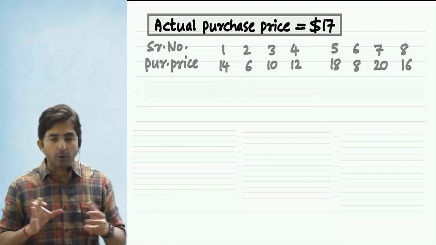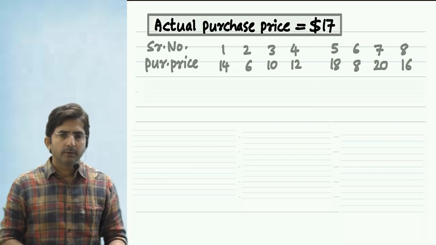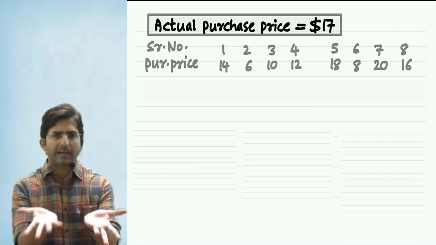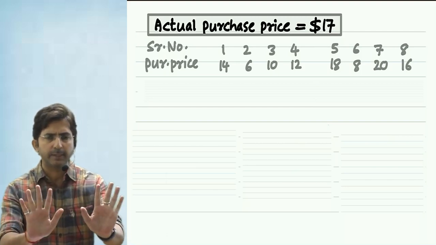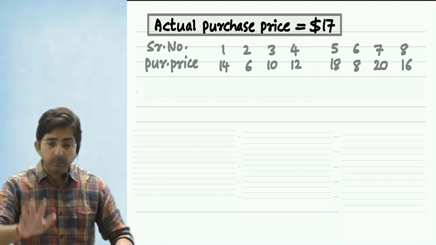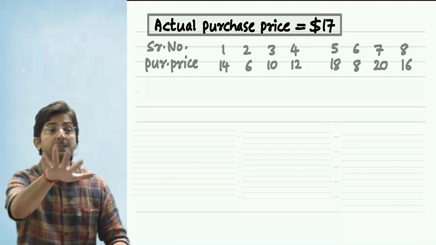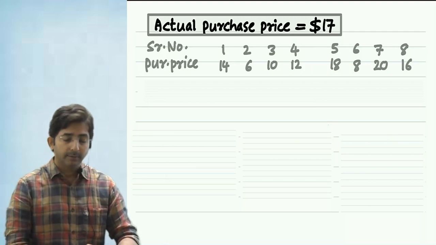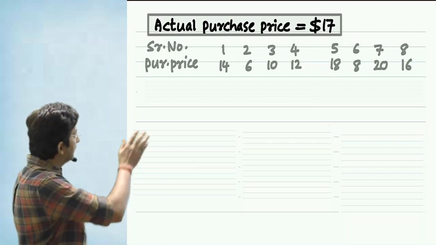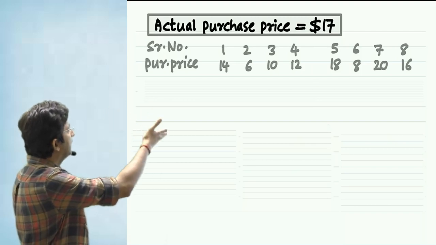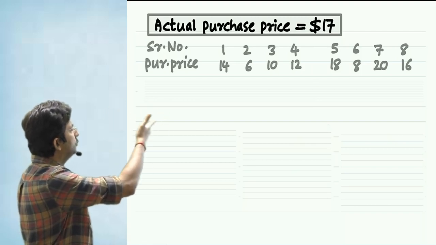So now tell me what to do. Obviously you will say we will have to calculate the median, which I haven't explained yet. I will explain the median, but whether it is mean or median, first you have to make adjustments. Don't forget that. Even in this 14, look at the screen, 6, 10, 12, 18, 8. Can you see the prices?